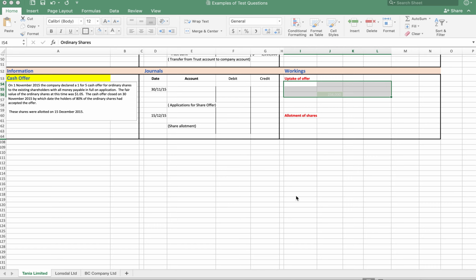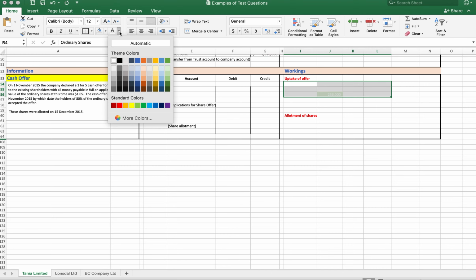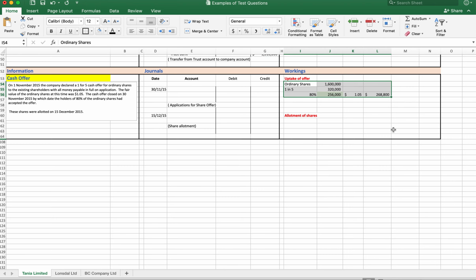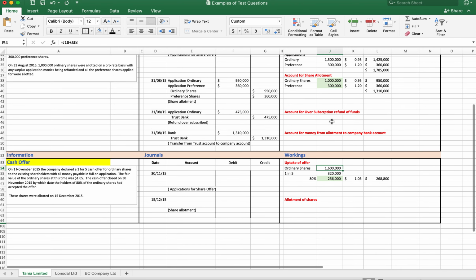Obviously the money would have been coming in, probably in drips and drabs, and going into the bank account. So we need to calculate how much we've received. We need to know how many shares there are to start with, and that probably requires us to track what's happened. When we initially started, we had 600,000 ordinary shares.